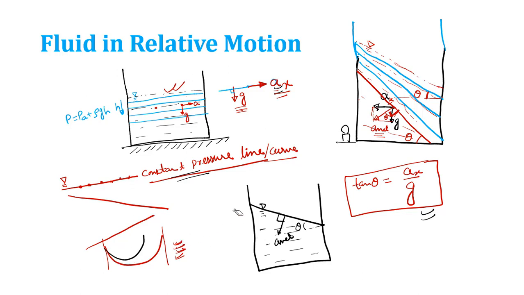So now let us move to the next case for the same. Again I am having the same bucket. Now it is kept on a platform. There will be acceleration due to gravity downward.